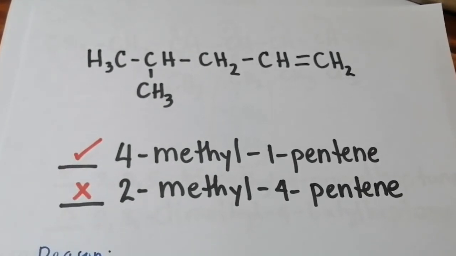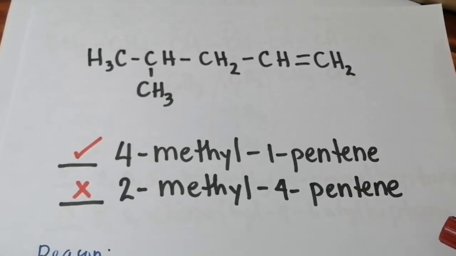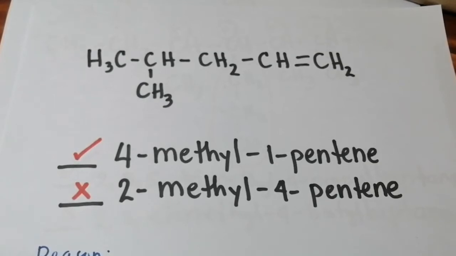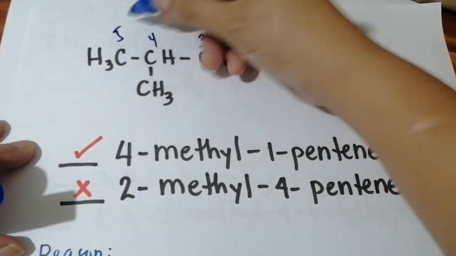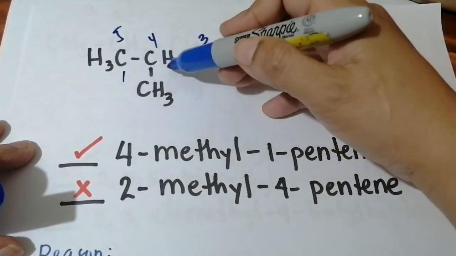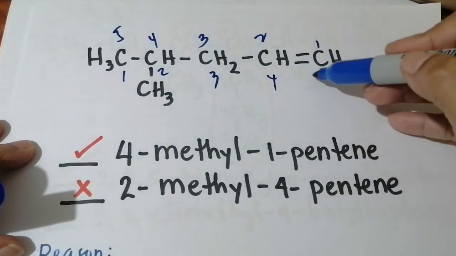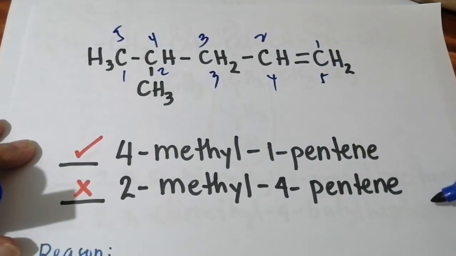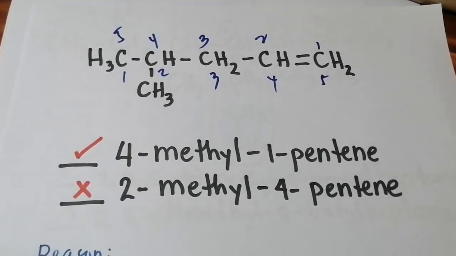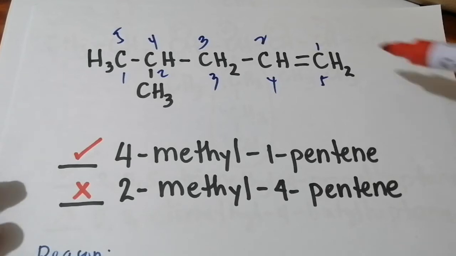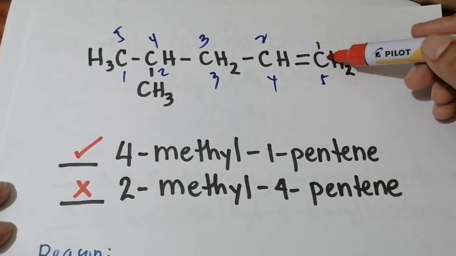Not this one. When it's like this, we always give priority to the double bond. As you can see here, if we name this, we have 1, 2, 3, 4, 5. If we start from here, we also get 1, 2, 3, 4, 5. So they are both pentene. They're the same. But our priority here is the location of the double bond, and the double bond is nearer to this side.